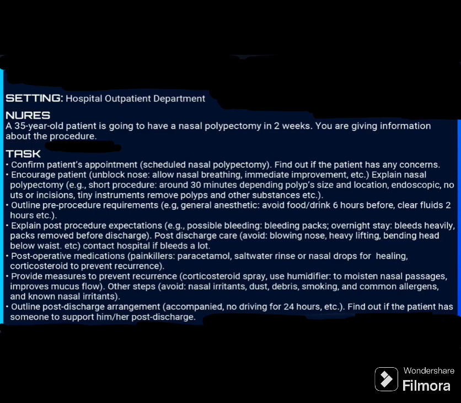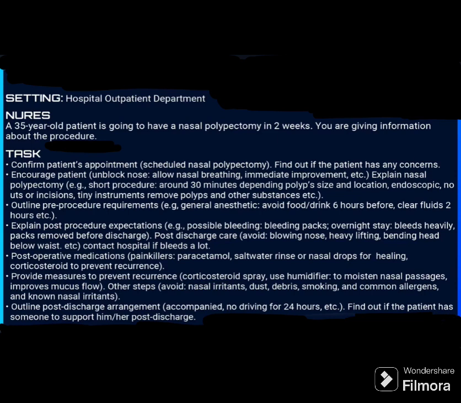So the task is important to find out the core component of the conversation. You can also put a question mark on the left side of your task wherever you want to ask the patient a question, like do you have any concern, or you still look anxious, is there anything to be clarified? Such things you can mark with a question mark.